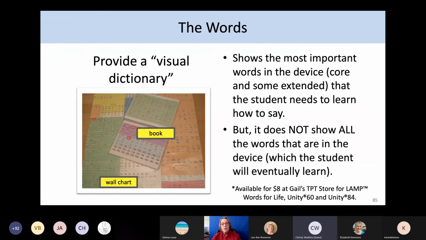Then I can take those 15 sheets of paper and it's formatted in such a way that I can just laminate them and take them to a place to get them put together into a spiral binder or a ring binder, however you want to do it. So when any of those boys are on the move, whether they're outside, whether they're sitting in another part of the classroom and the wall chart's way on the other side of the room, they got their book with them. Their instructional assistant can pull that book out and have it available to them.